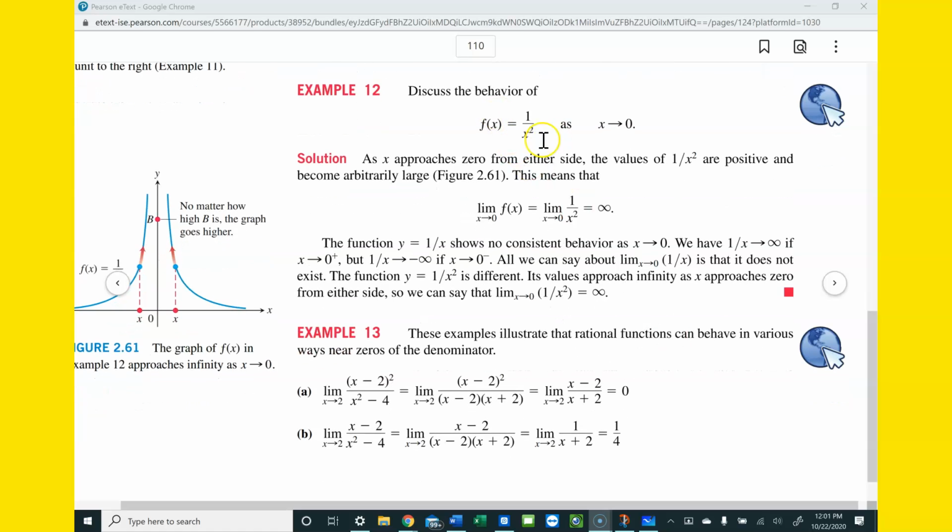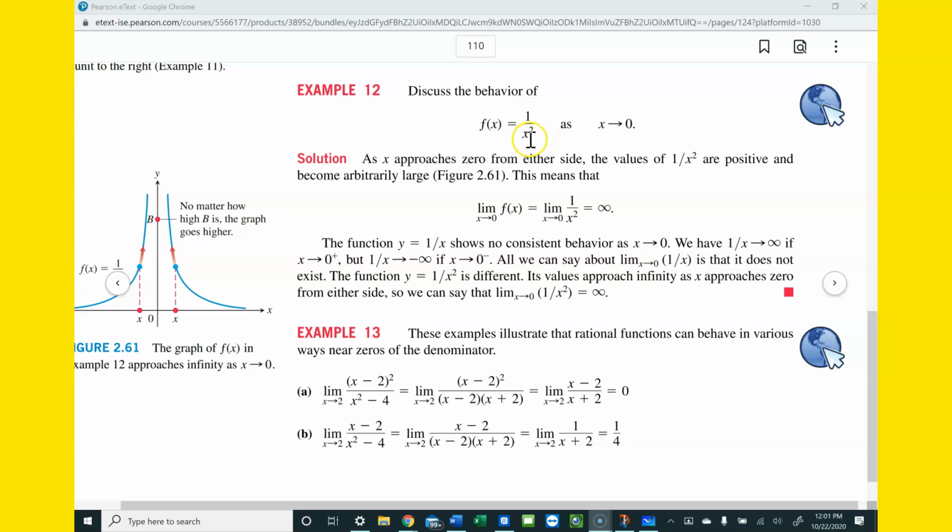All right, look at this one, 1 over x squared. It says as x approaches 0. So if we're approaching 0 from the right, then this is an unimaginably small positive number, which makes 1 over that thing an unimaginably large positive number. As we approach 0 from the left, a really unimaginably small negative number, when it gets squared, becomes an unimaginably small positive number again.